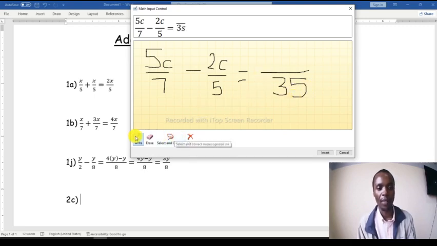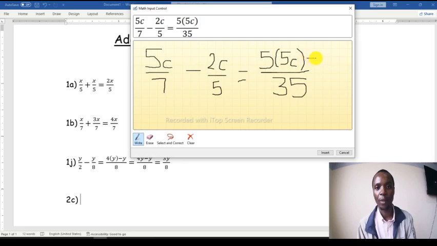And then for the numerator, we divide 7 into 35, we get 5, so it will be 5 bracket 5c.